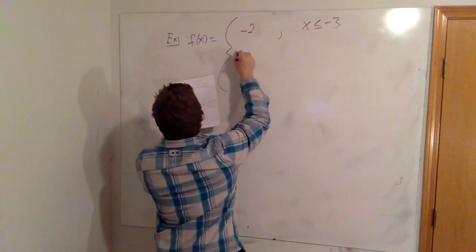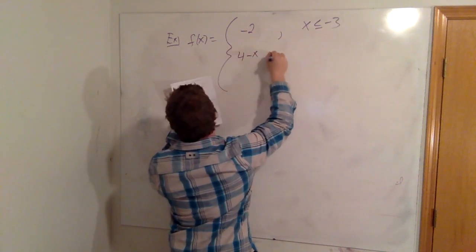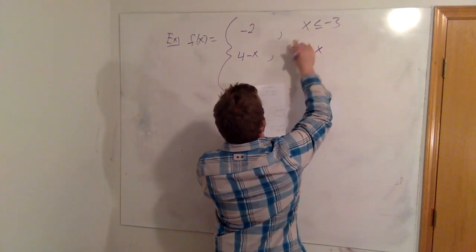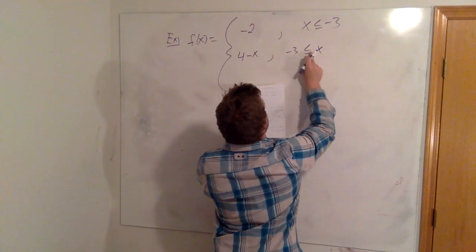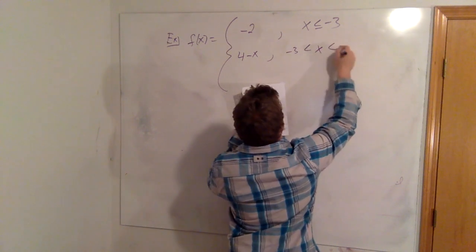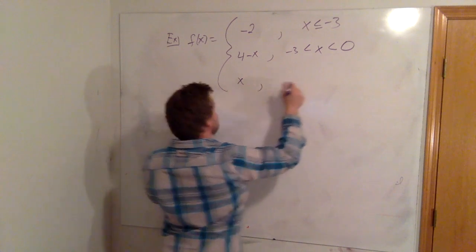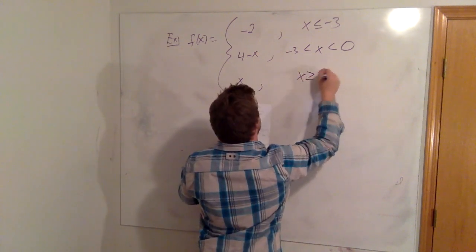The graph looks like 4 minus x if x is between -3, not including -3, and 0. And let's say the graph looks like x if x is greater than or equal to 2.